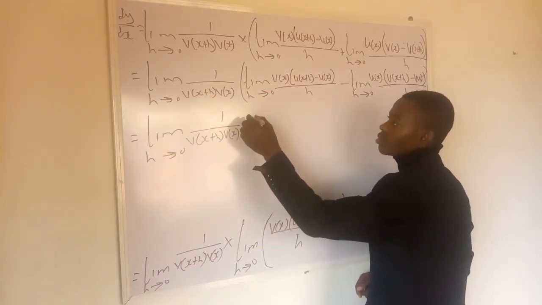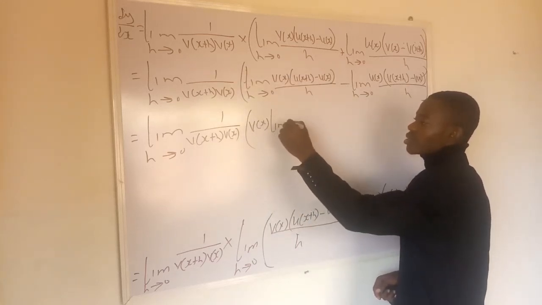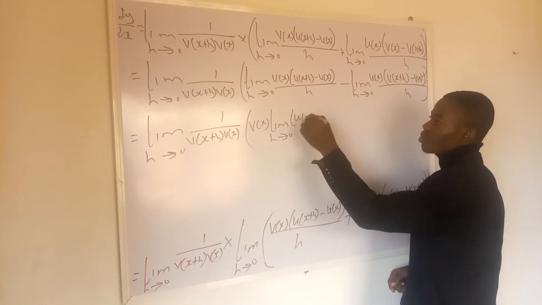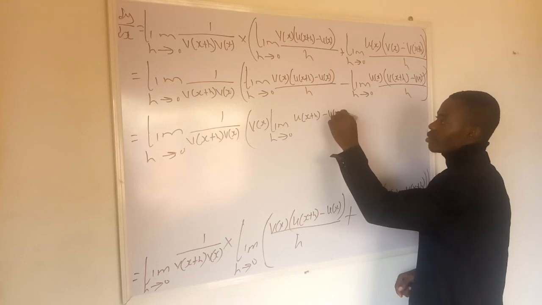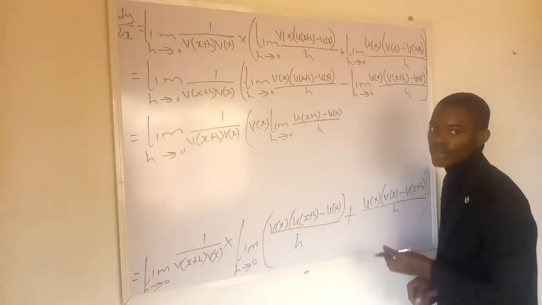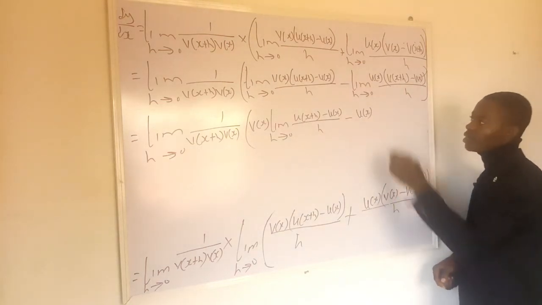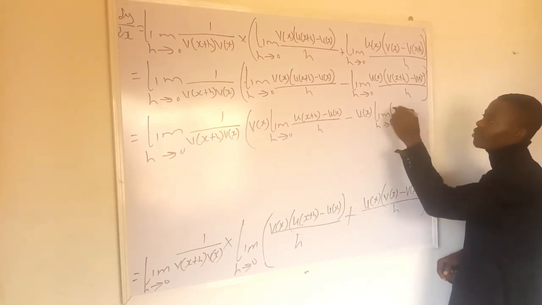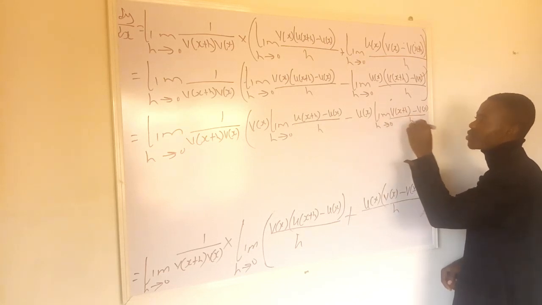Then in the bracket, taking v of x outside, you have v of x times the limit as h approaches 0 of u of x plus h minus u of x divided by h. Then minus, this is taken out, u of x, then we have the limit as h approaches 0 of v of x plus h minus v of x, all divided by h.